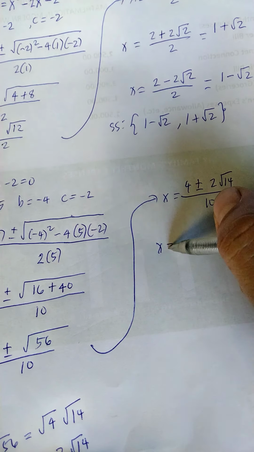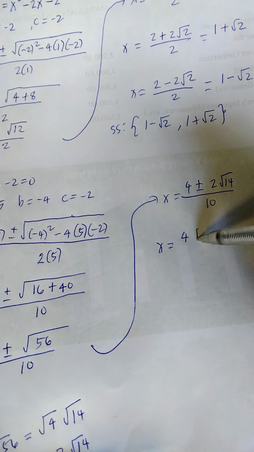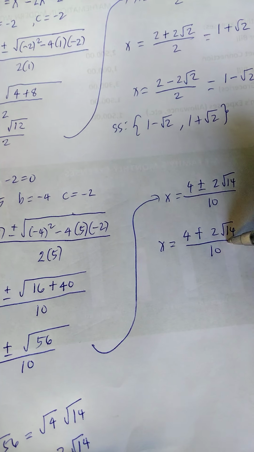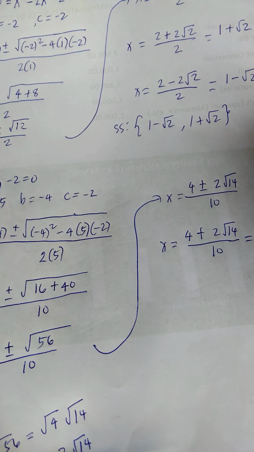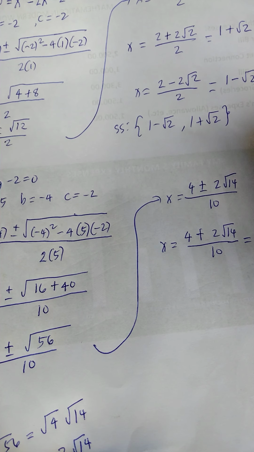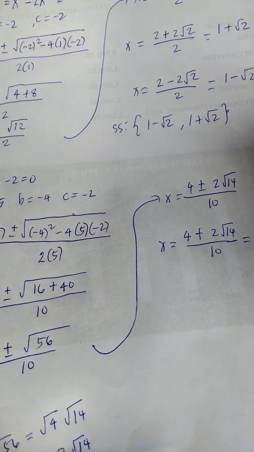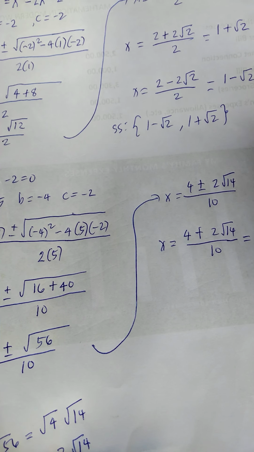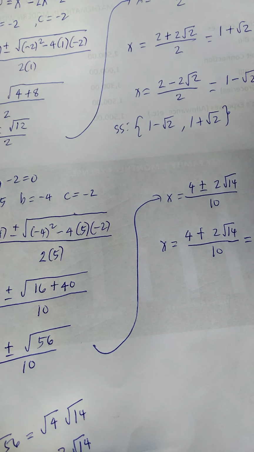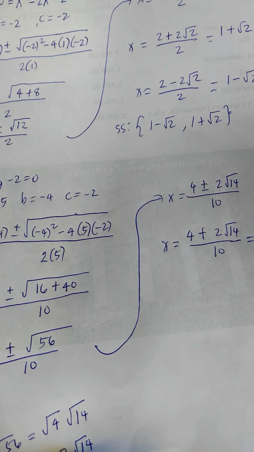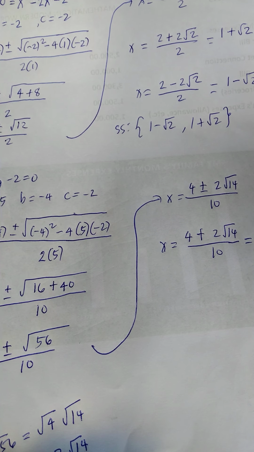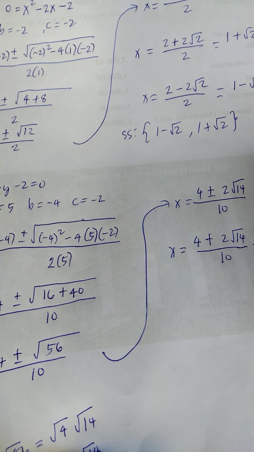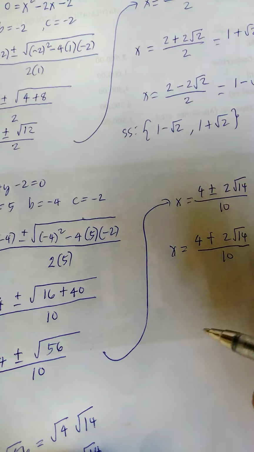Now we have the values of x. X is equal to 4 plus 2 square root of 14 over 10. Simplify. You have 2 over 5 plus square root of 14 over 5. No? Am I correct? And that is 2 plus square root of 14 over 5.